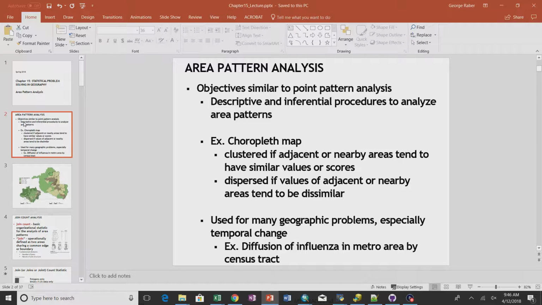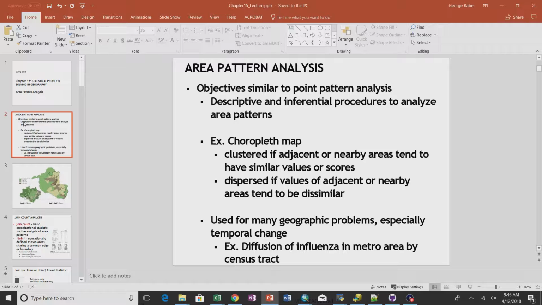Clustered means that there is a pattern too, but it's things that are nearby have the same value. A checkerboard pattern would be very close to, or would be a dispersed pattern. A random means that the arrangement is purely random. There's not really a rhyme or reason to it.